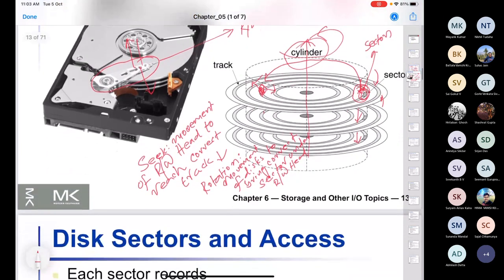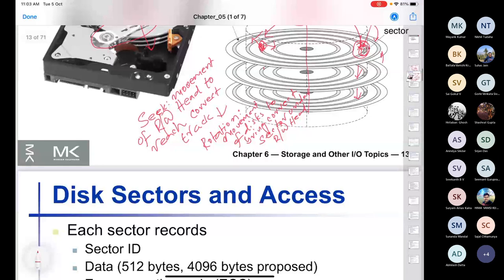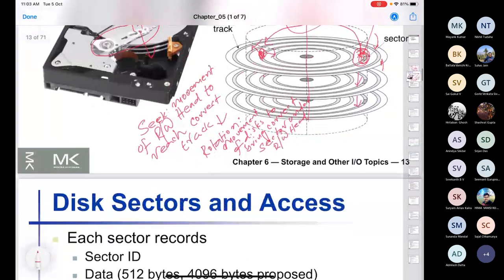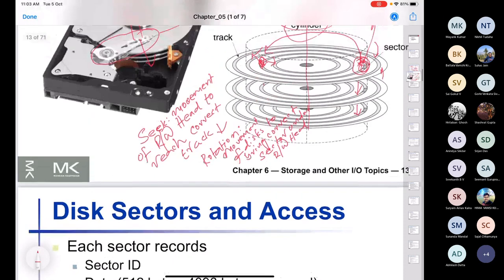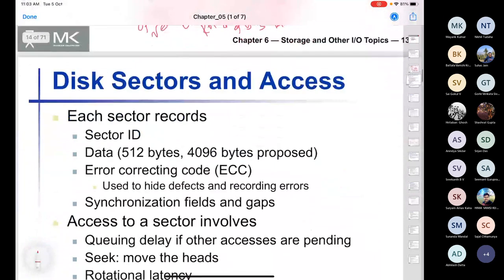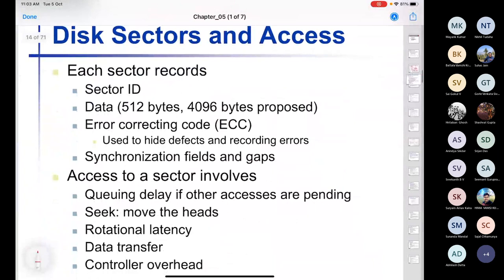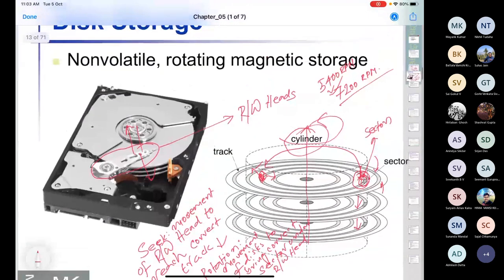Fine. So remember this diagram, and once we remember this, we can perform certain calculations to figure out what will be the throughput of this type of electromechanical system.